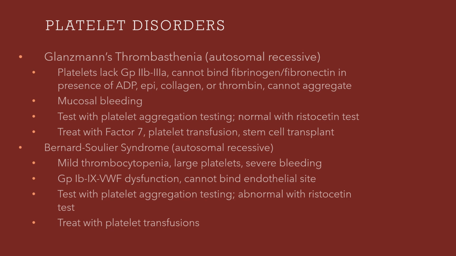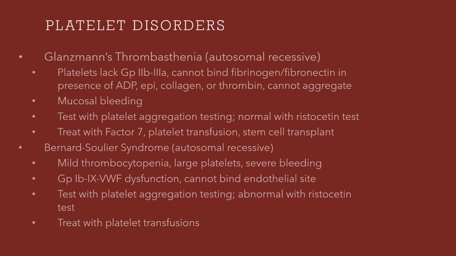Bernard-Soulier syndrome is also autosomal recessive. These patients will present with mild thrombocytopenia. The buzzword for Bernard is large platelets and then more severe bleeding. They also have a GP problem, but this is the 1B9 von Willebrand factor connection, so they can't bind on the endothelial sites.